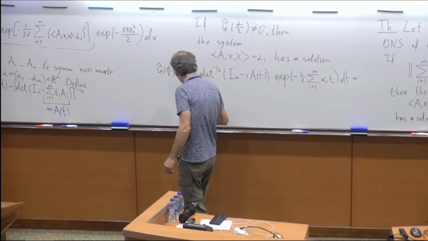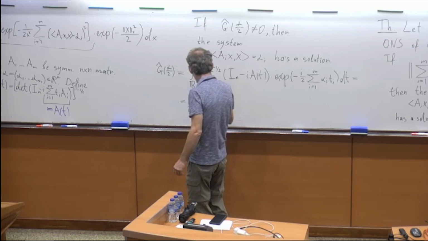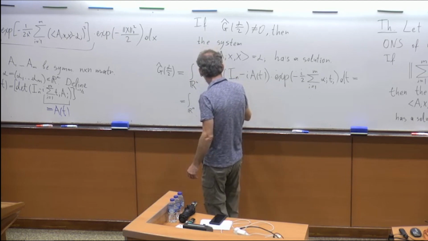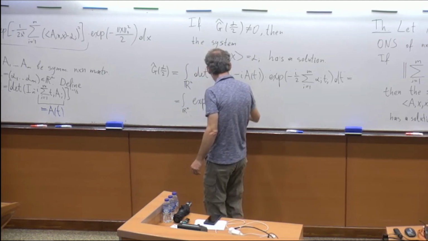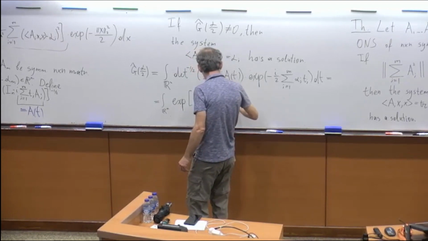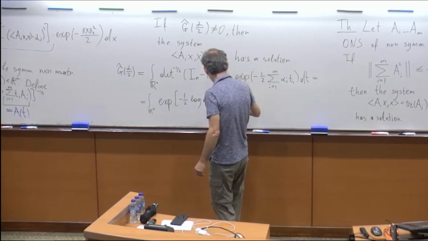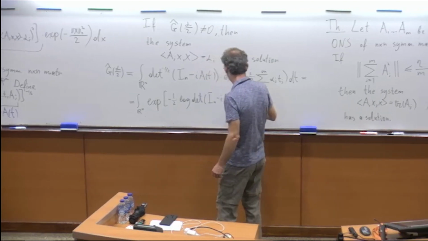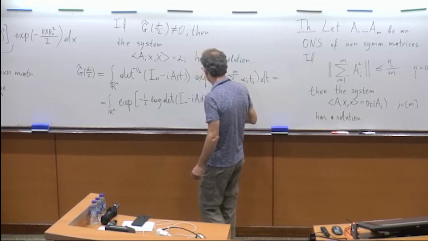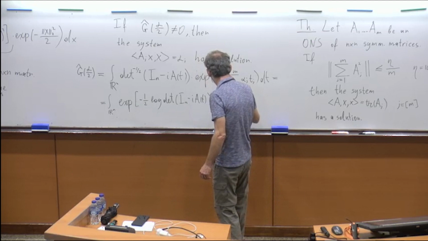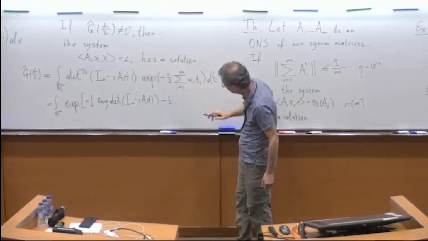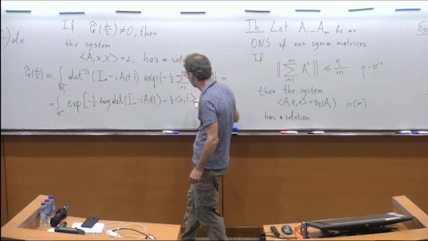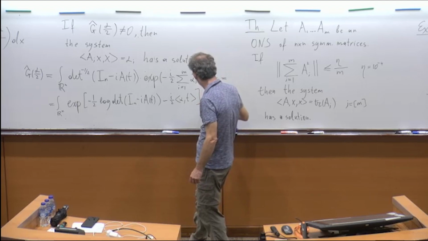It's the integral over Rn of the exponential of negative 1/2 log determinant of I n minus i A of t, minus i over 2, and this sum is actually the inner product of alpha and t, dt.